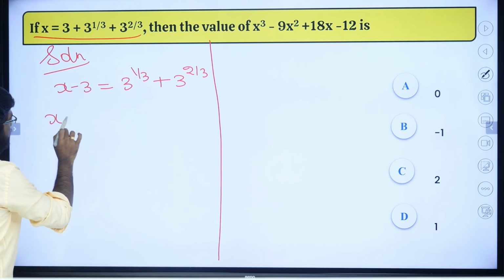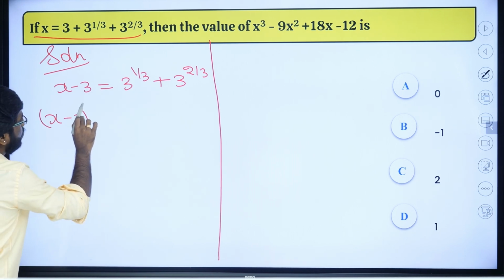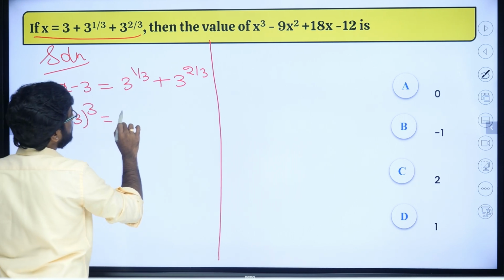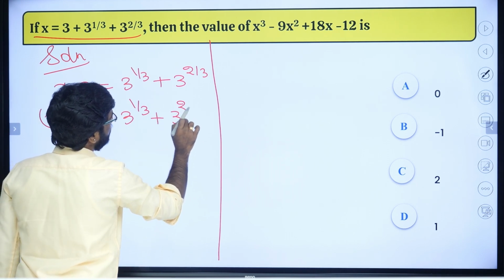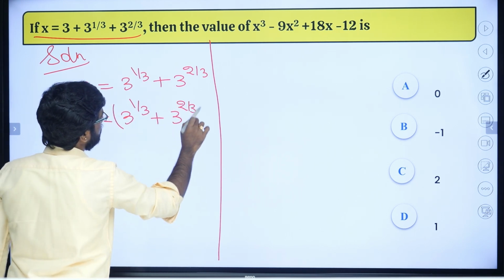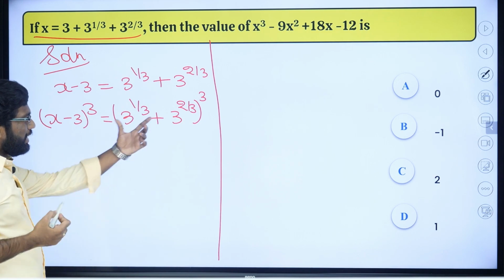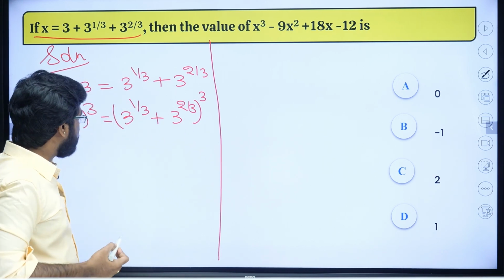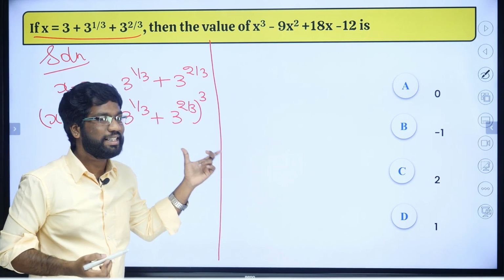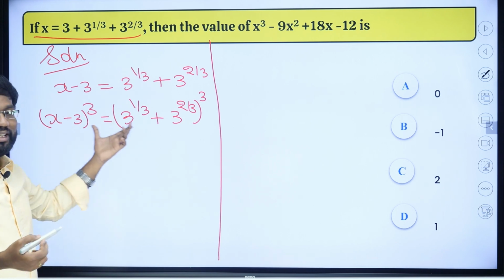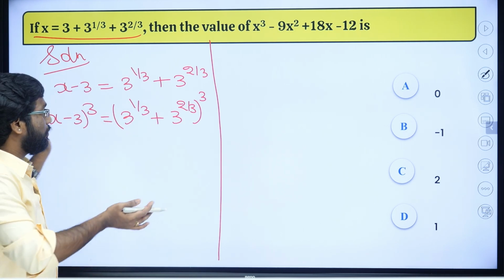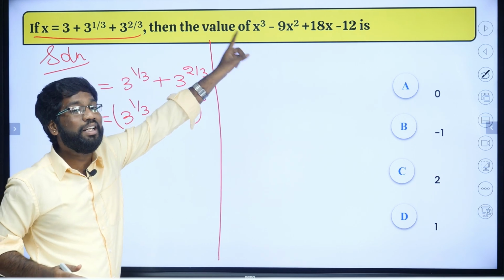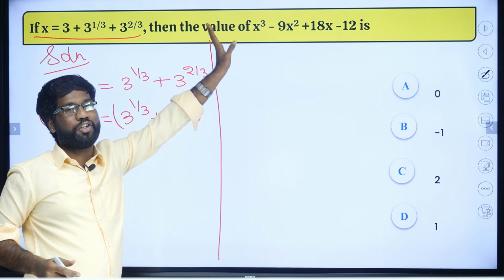So x minus 3 the whole cube is equal to 3 power 1 by 3 plus 3 power 2 by 3 the whole cube. You know this, my dear friends, just now I have solved the same problem in the same way. So we have to expand both sides with the algebraic identity formula, and if we simplify, we will get the value for this expression, my dear students.